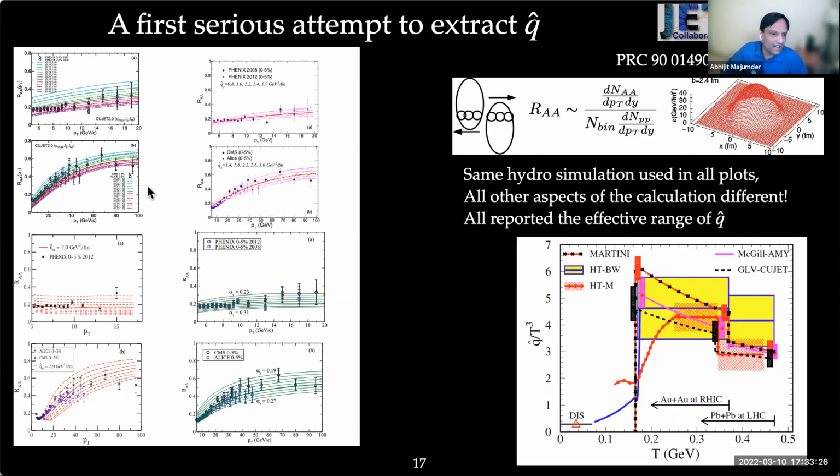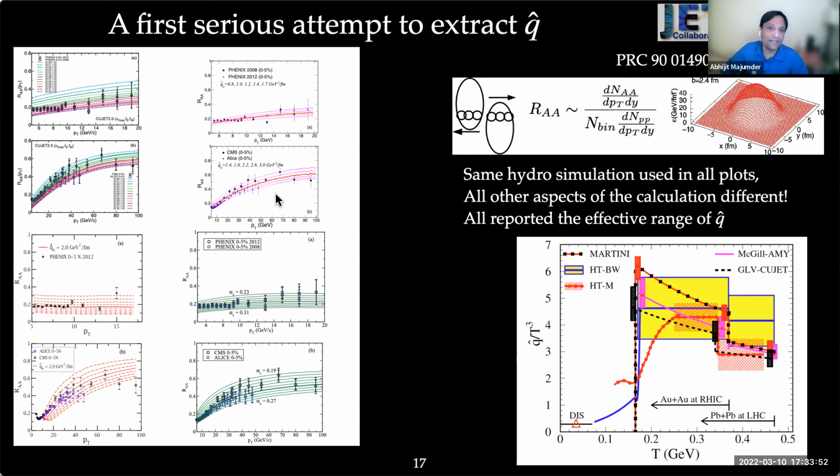I don't know if you can read any of these. Some are from the Columbia group, CU jet. These are my calculations. These are from, oh dear, who are these? I want to say this is the McGill group with Martini, could be wrong. And this is another group.